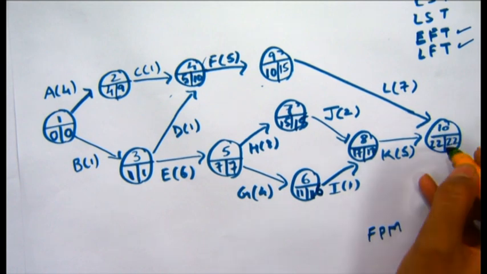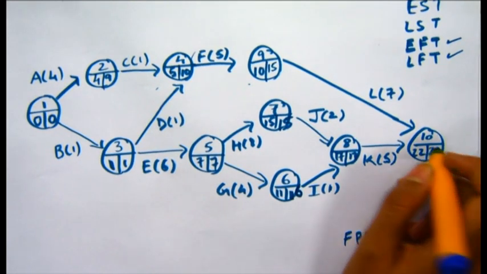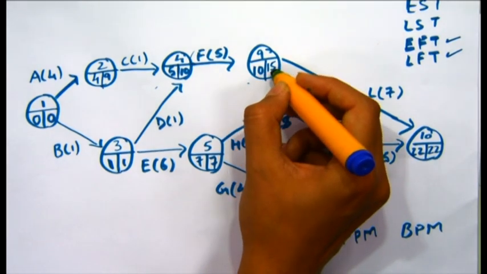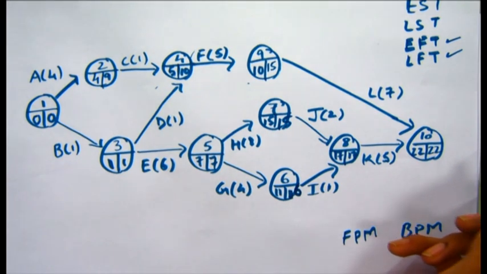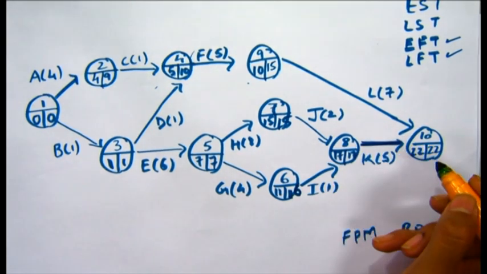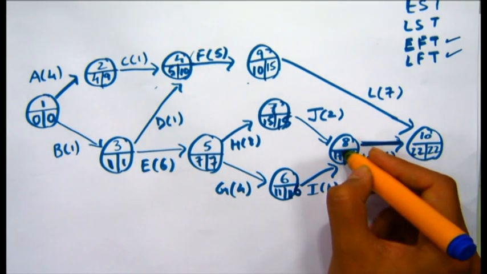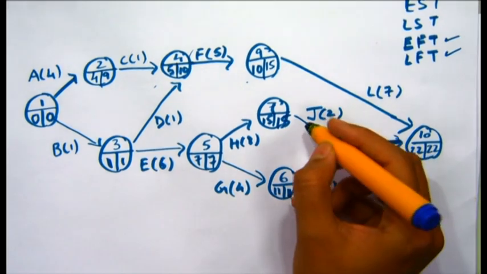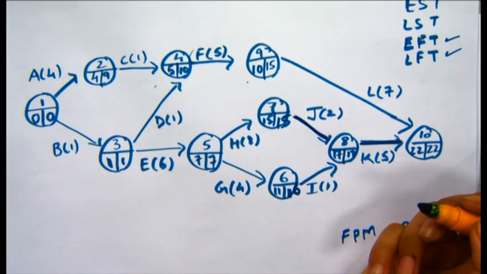For example, here the E time is equal to the L time. Here we do not have E time equal to the L time, so this is not a critical path. So this is the critical path, which we highlight by a double line or a thick line. Moving back, we see that this also falls on the critical path because the E and L times are equal.